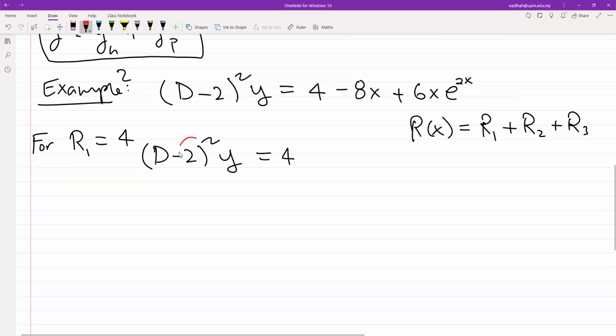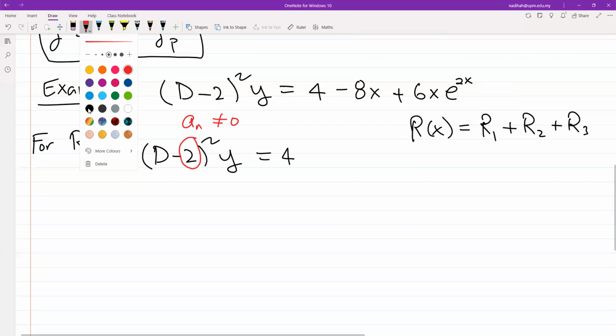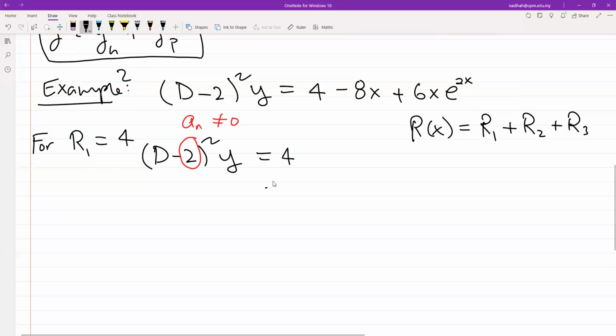This is the last term, which is an. An is not 0. So in this case, we can use the inspection method, which can be said that, I don't want to use yp because we have several yp, I can say y1, which is the particular solution for R1, equals 4 over 4, which is 4 over 2.